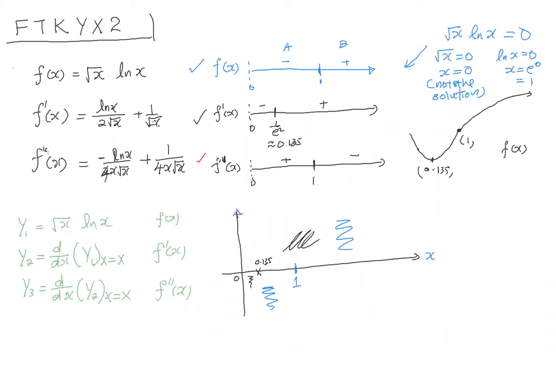And for f double prime, it will pass through this point also. Yeah. So I use different colors so that you can see. And this part is above the x-axis and this part is below the x-axis. So now you get what I mean? So that is how we interpret from the sign diagram. And if they give us a graph, we want to interpret the sign diagram, we also put it down there. Are you okay so far?